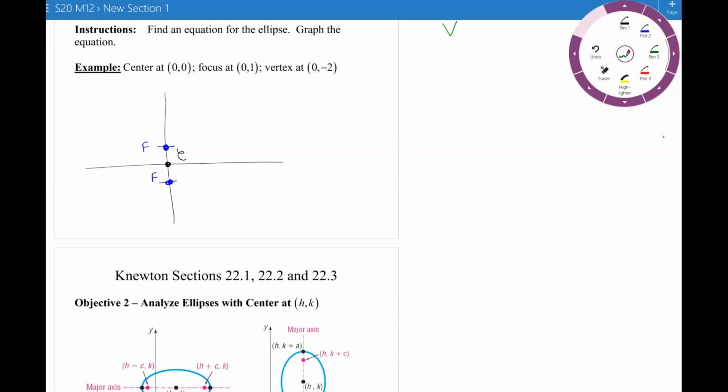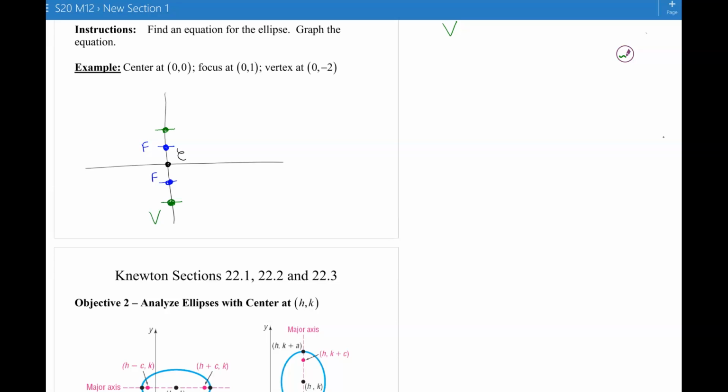Then I have a vertex at (0, -2), so I know it must have a twin vertex at (0, 2). So because of the symmetry of the ellipse, now we see what I think of as the shish kebab of vertex, focus, center, focus, vertex along the major axis, which is the y-axis.